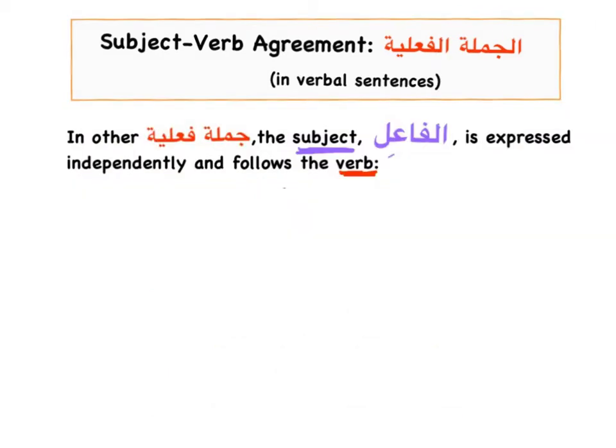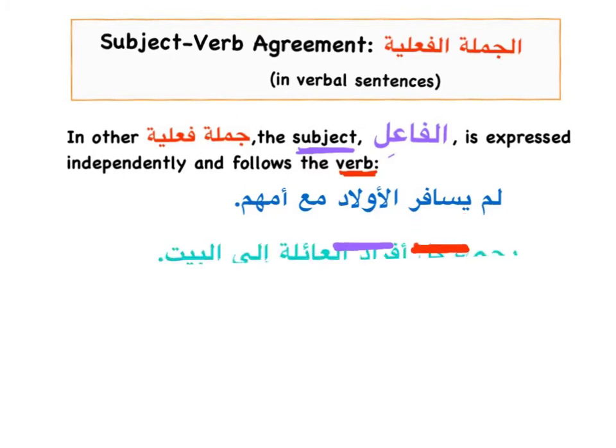And in other جمل فعلية, the subject الفاعل is expressed independently and follows the verb, as in لم يسافر الأولاد مع أمهم. Okay, if we identify the verb, it is يسافر, and الفاعل is الأولاد. So لم يسافر الأولاد مع أمهم.